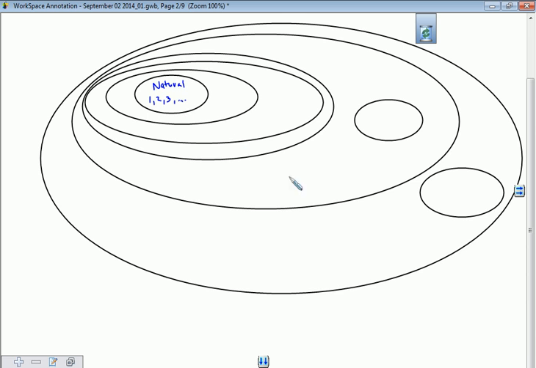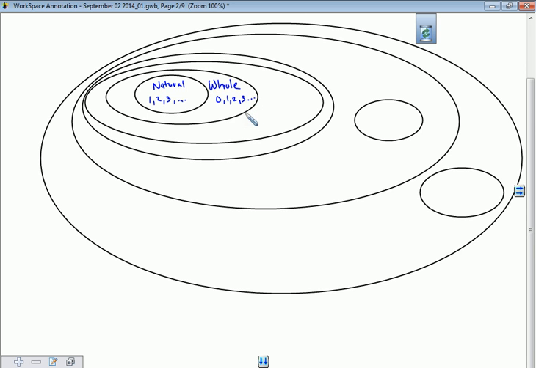Now, I heard somebody say the next set of numbers. Natural numbers do fall into real, but this next circle is whole numbers. What's the difference between the set of natural numbers and the set of whole numbers? Whole numbers include 0. So now we have the basis around which our numbers are centered, which is 0.